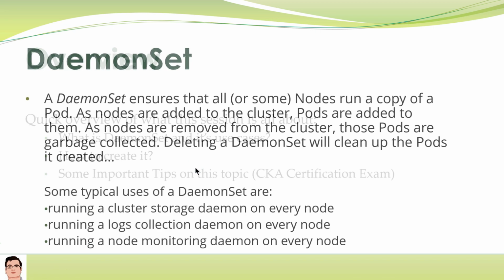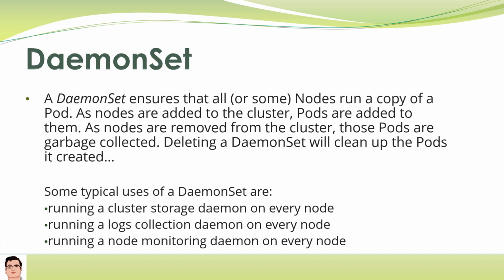A DaemonSet ensures that all or some nodes run a copy of a pod. This is something like a replica set. A DaemonSet will ensure that only one pod of a similar type will run on each node. Suppose your cluster has three worker nodes, and in future you are going to extend it to 4, 5, or more nodes.